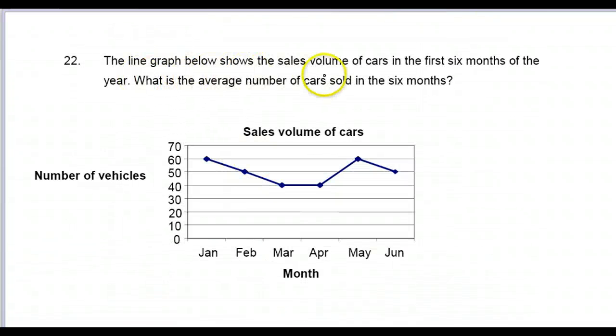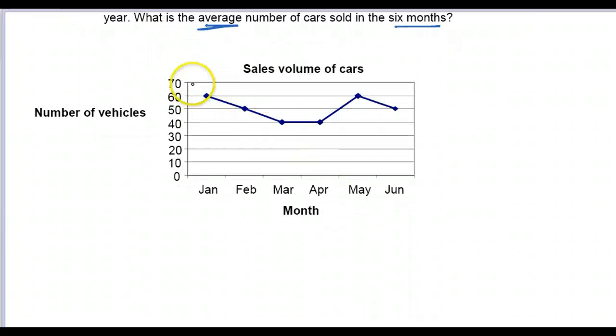The line graph below shows the sales volume of cars in the first 6 months of the year. I need to find the average number of cars sold in the 6 months. So let's look for the total. January is 60, February 50, March is 40, April 40, May 60, and June 50.